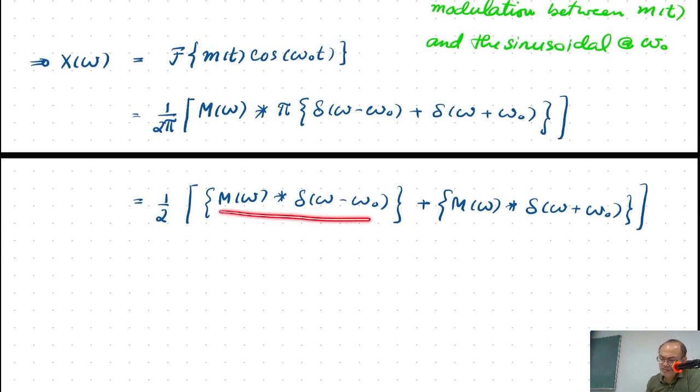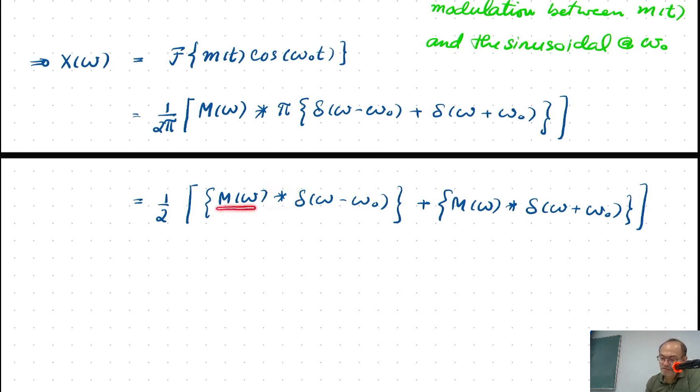So what is this convolution? We know that if you convolve something with the delta, we get that something back, because delta is the identity of convolution. But if you convolve something with a delta that is shifted by a constant omega 0, then we get that something back, but now shifted to this position as well.